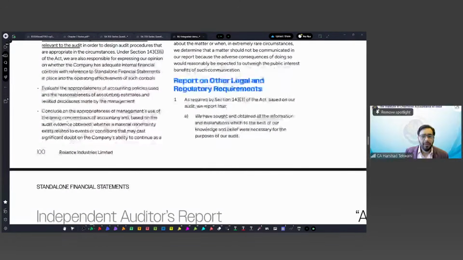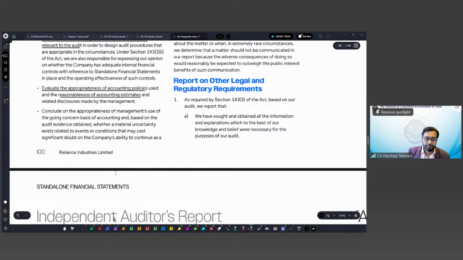Okay. Then next, evaluate the appropriateness of accounting policies and reasonableness of accounting estimates. Which SA do you think it will be? Accounting estimates. SA 540, sir. Auditing accounting estimates.